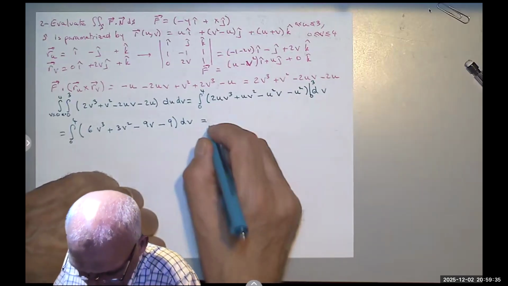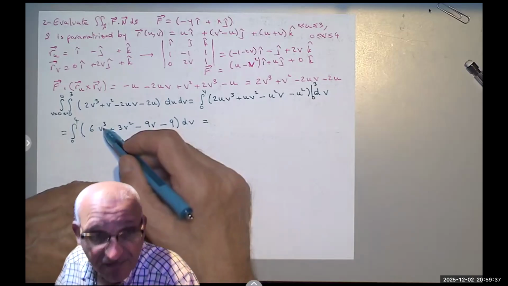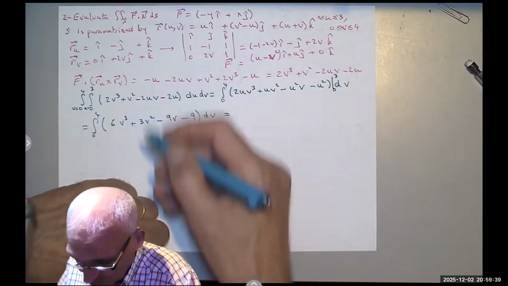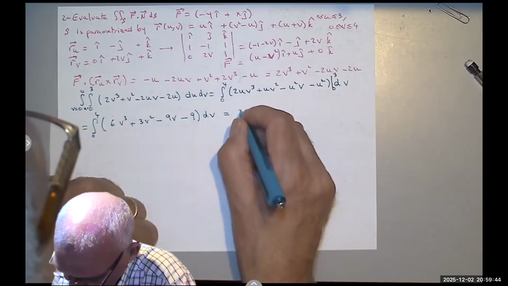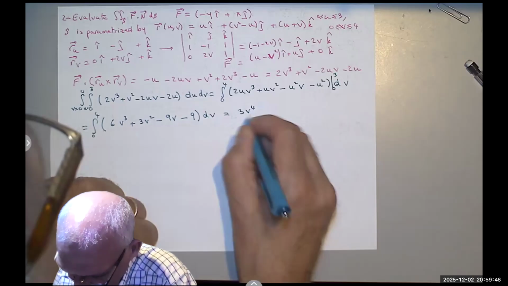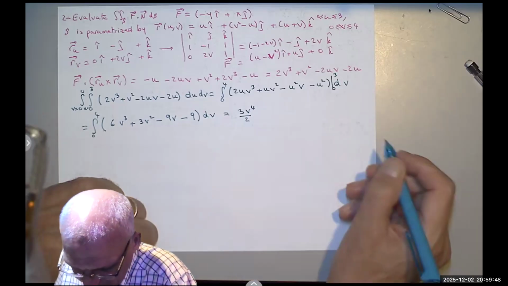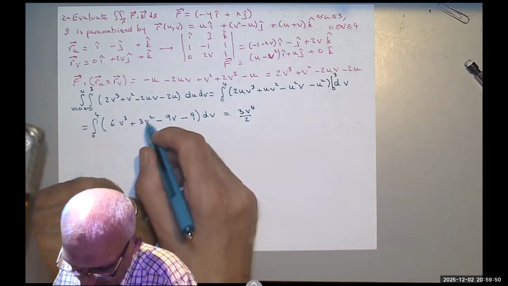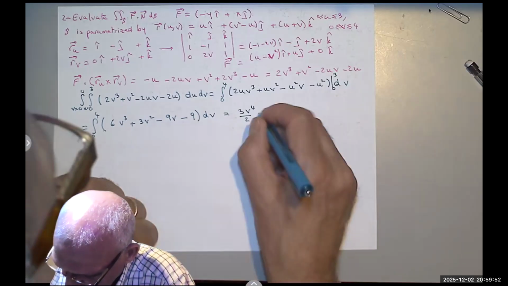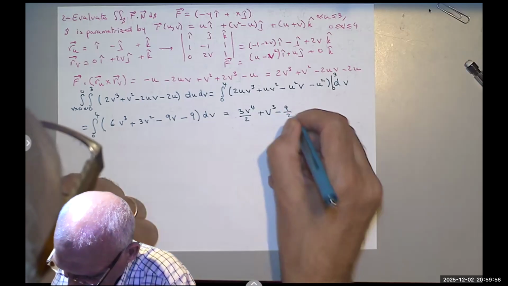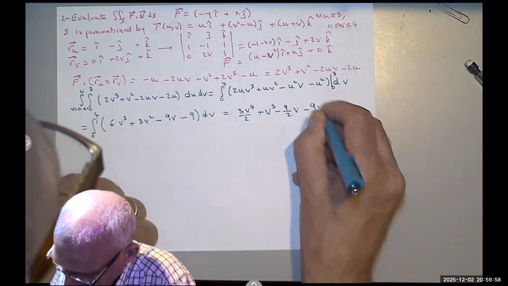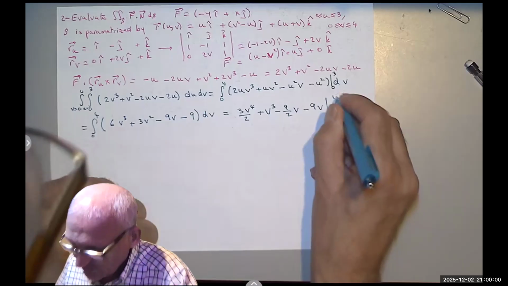So when you integrate, the antiderivative of v cubed is v to the 4 over 4. 6 over 4 is 3 halves. So you get 3v to the 4 over 2, right? v squared over 3, the 3's cancel, so plus v cubed, minus 9 halves v squared, minus 9v. And the v is evaluated from 0 to 4.